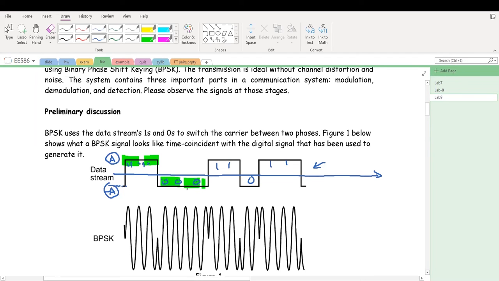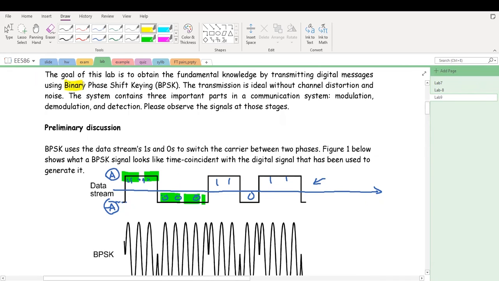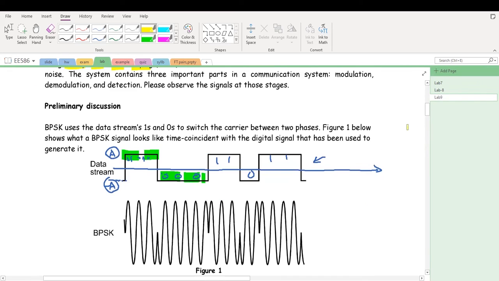We do the modulation by binary phase shift keying. We achieve that by multiplying this waveform, because this is A and this is minus A, by this cosine signal. So when it's positive, we multiply by this cosine signal. But when it's negative here, it becomes negative cosine.